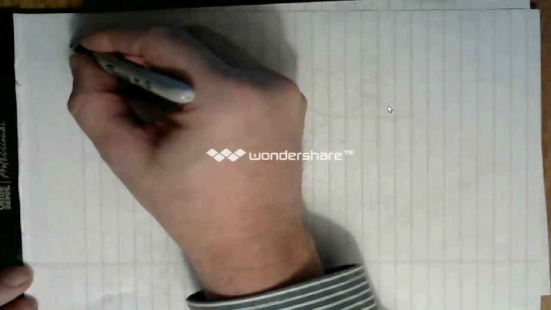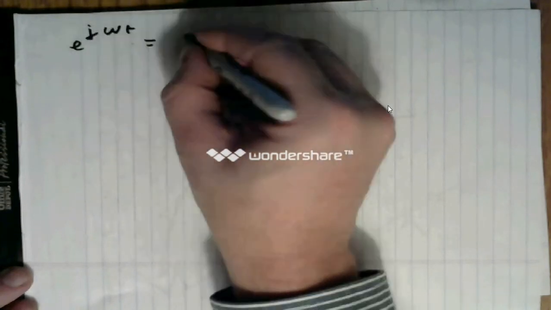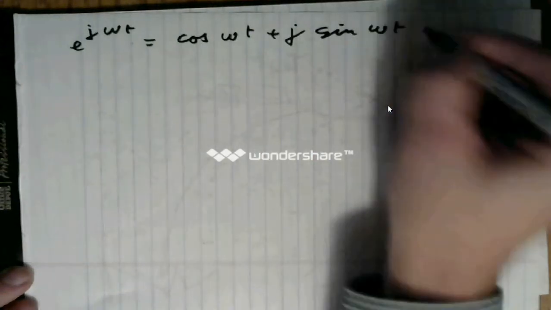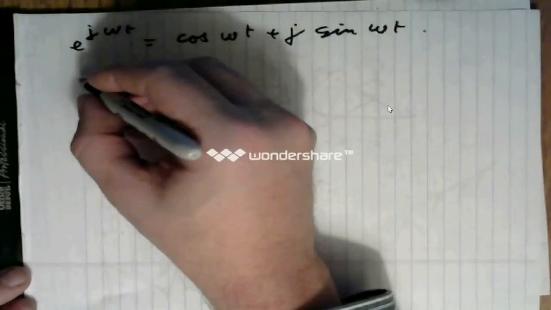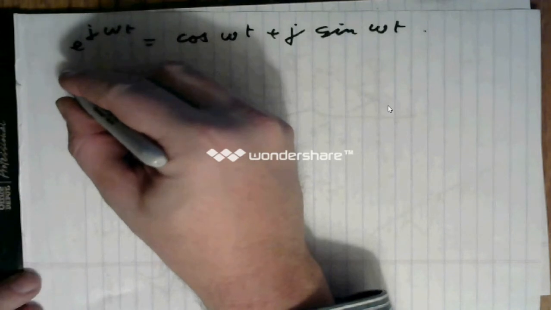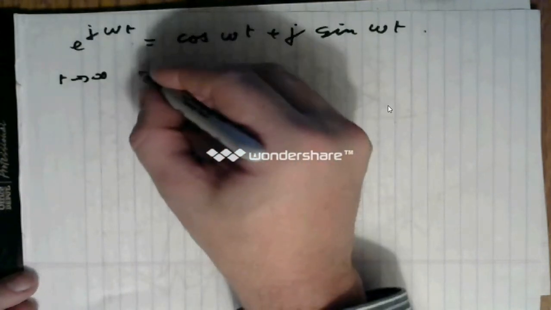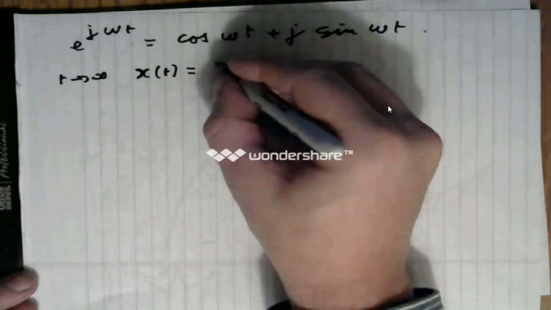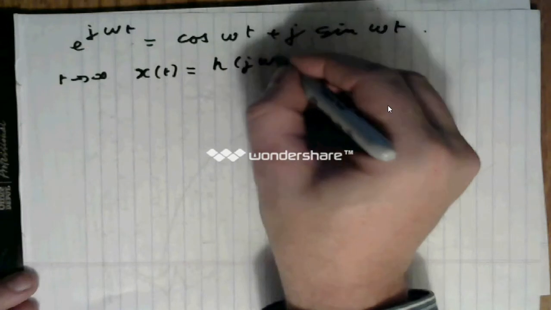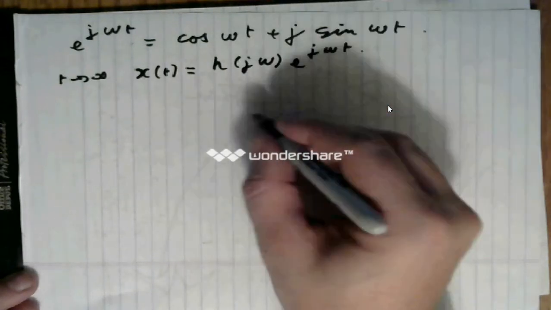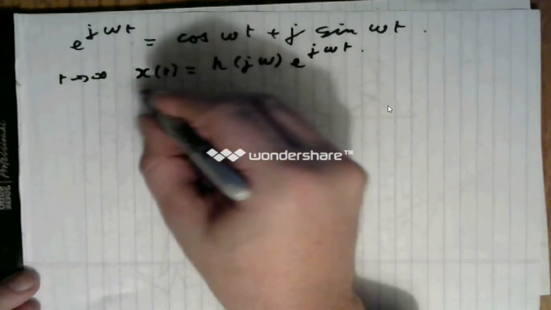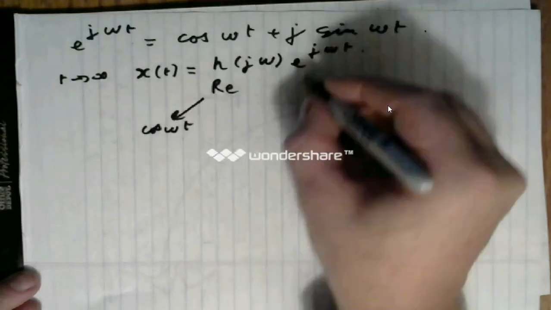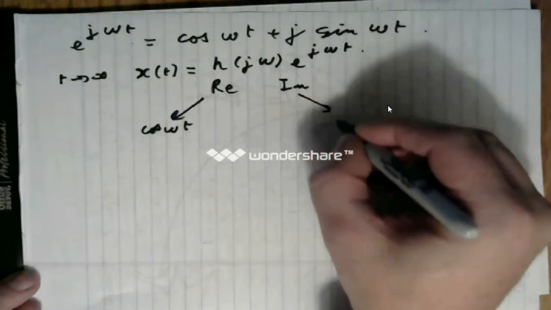If the input e to the j omega t is equal to cosine omega t plus j times the sine of omega t, I can write that the long-term response of x of t, so when t tends towards infinity, which is equal to h of j omega times e to the j omega t, will be such that the real part of this guy goes to the response to a cosine, and the imaginary part goes to the response to a sine.